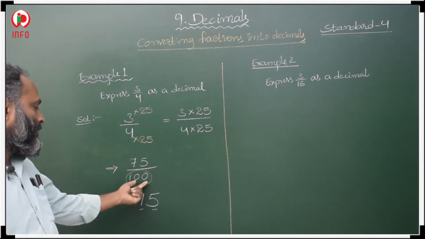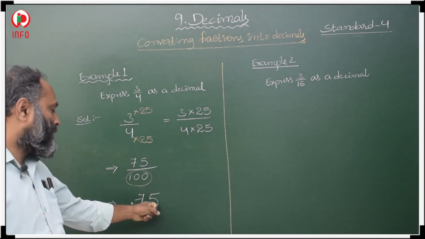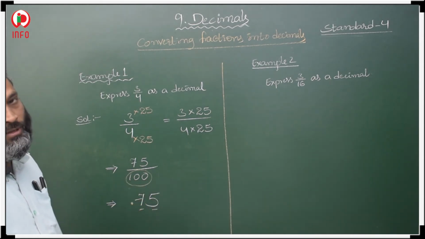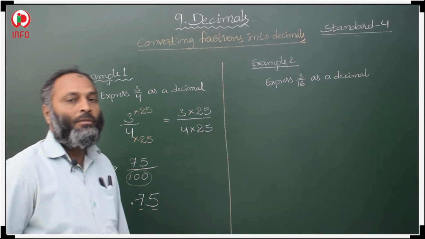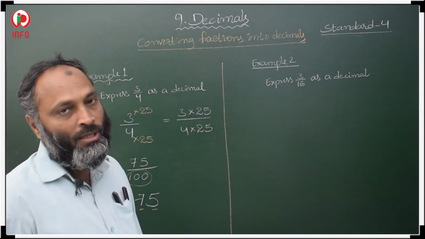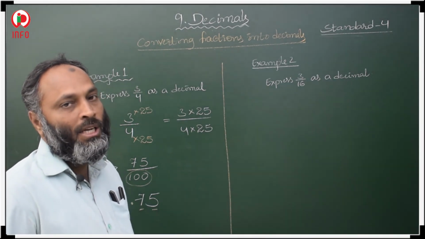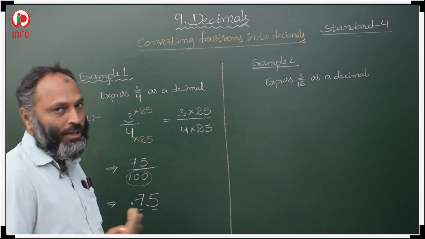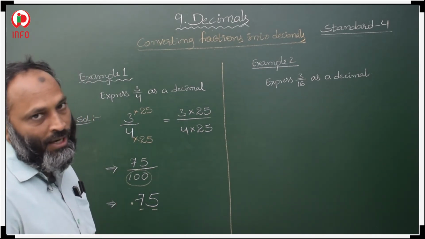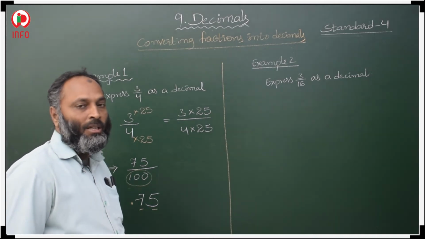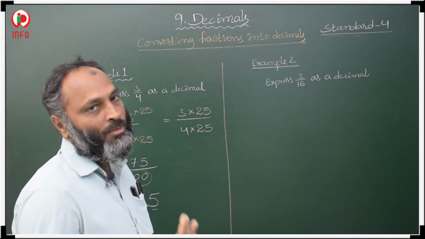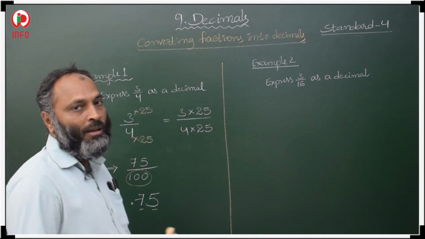If in the denominator we have 2 zeros, then after 2 digits from right to left you keep a decimal. If 3 zeros are there in the denominator, then after 3 digits from right to left you keep a decimal. If 5 zeros are there, then you take your decimal after 5 digits from right to left.